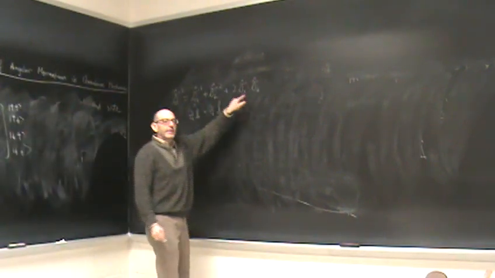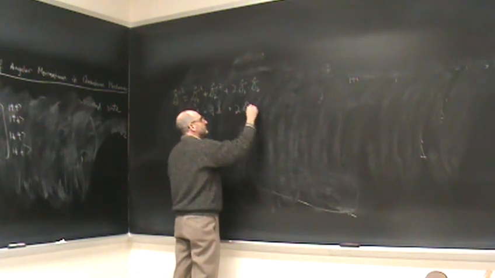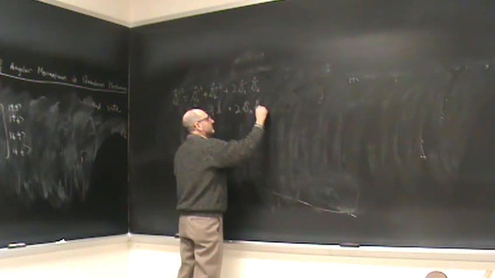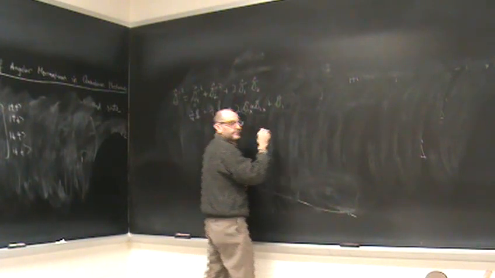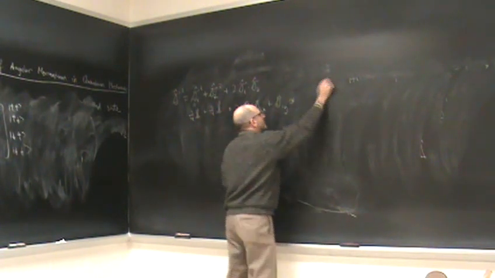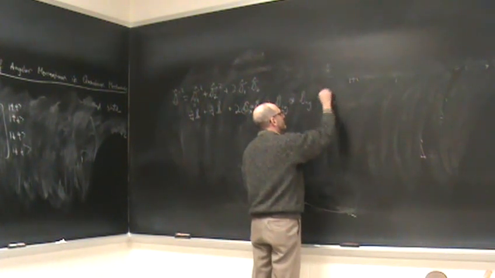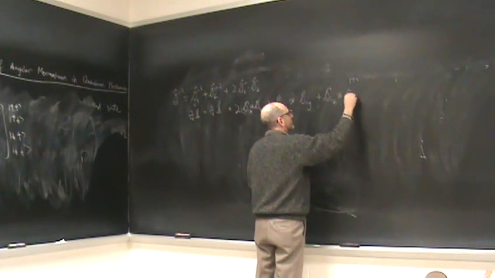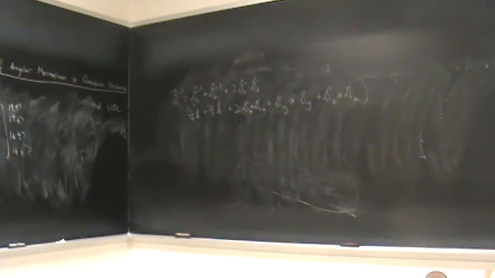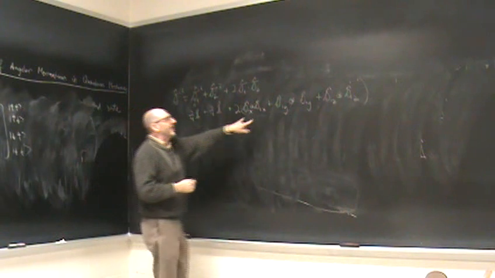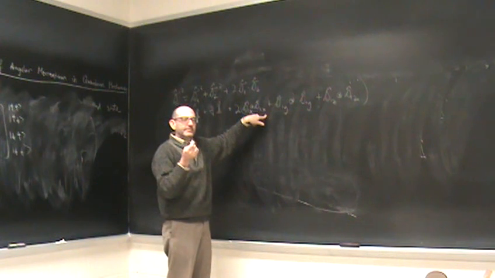What about this? How do we deal with this? Well, this is the x component, the y component, and the z component. Again, this is really the tensor product. Okay, so how are we going to act these operators on the uncoupled representation?